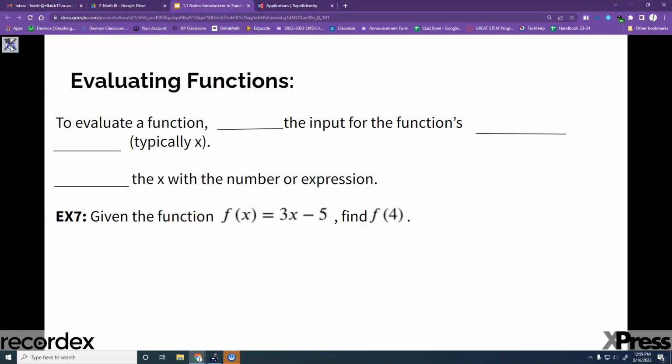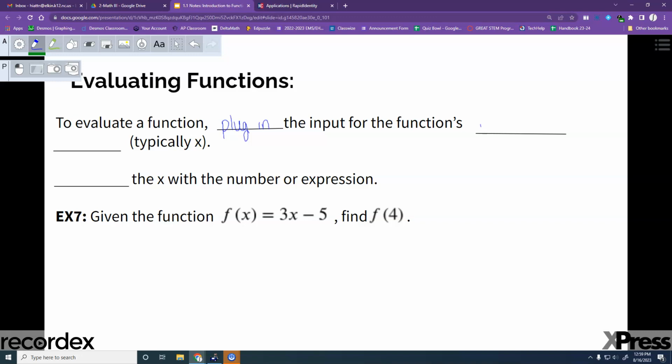Okay. All right, so evaluating functions. To evaluate a function, we are going to plug in the input for the function's independent variable, which is typically x, but doesn't have to be.